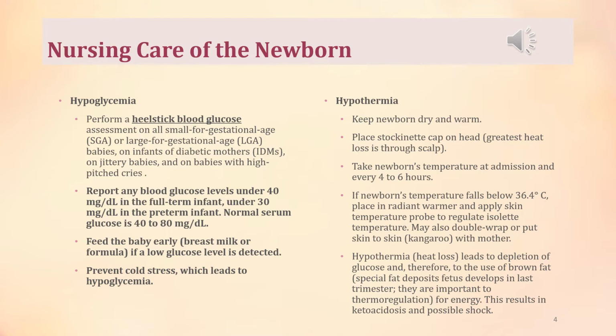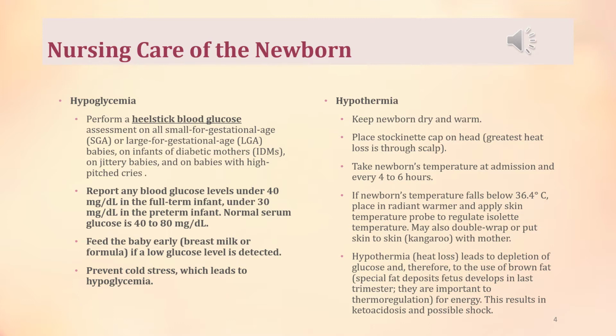You may have to start an IV with some dextrose in it or something for those babies. But your baby that's out on the unit, if they have a low blood sugar, the easiest thing is to feed. Okay, so get baby to breast or give baby a bottle of formula. We're going to do either one of those things. Okay, that's the easiest way to fix blood sugar issues.